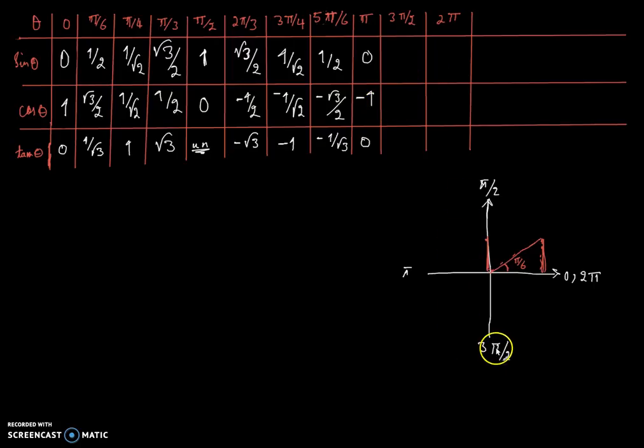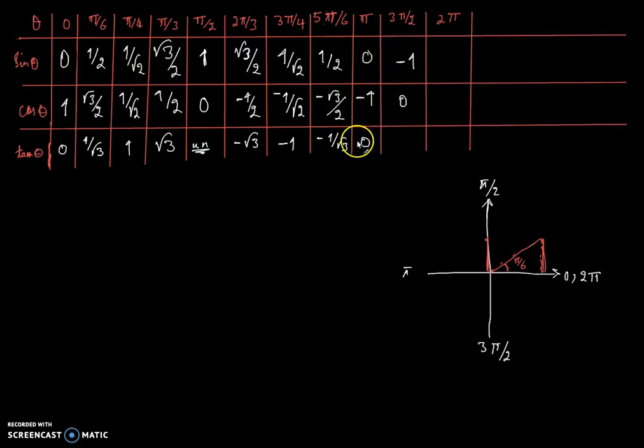3 pi by 2 is 270 degrees over here. The x value is 0. So for the cos value, you get 0. For the sine value, the y value is minus 1, so you get minus 1 here.